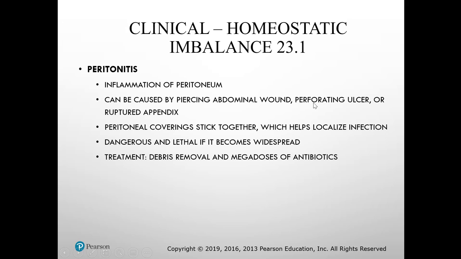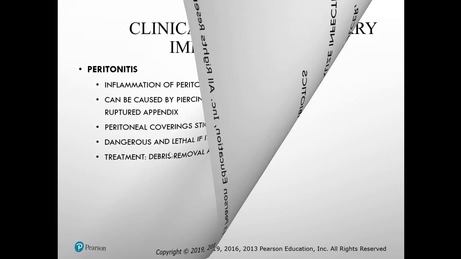All of the contents of the stomach, where there is a lot of bacteria, will get into the abdominal cavity, or maybe a ruptured appendix. Could you imagine if your appendix would rupture? All of the dirt that is in the appendix will get into the abdominal cavity, and that's going to cause the inflammation of the peritoneum. So you need to remove that debris, and that may entail some surgery.